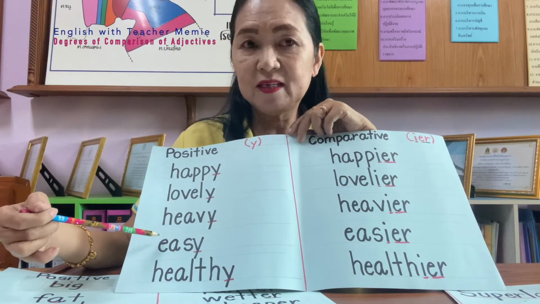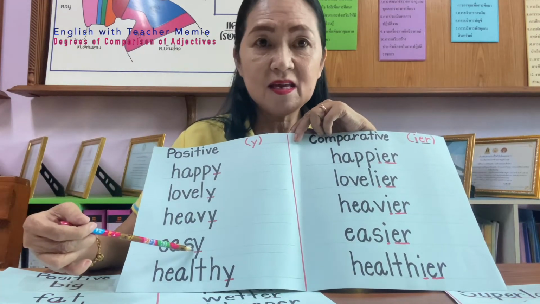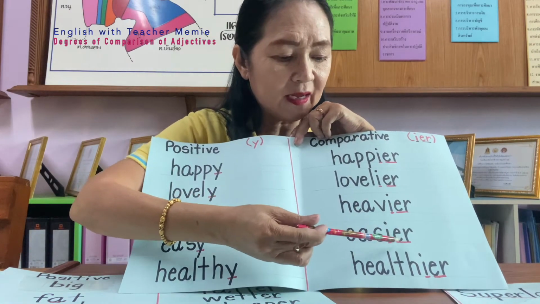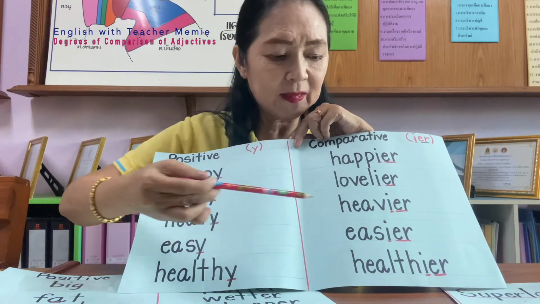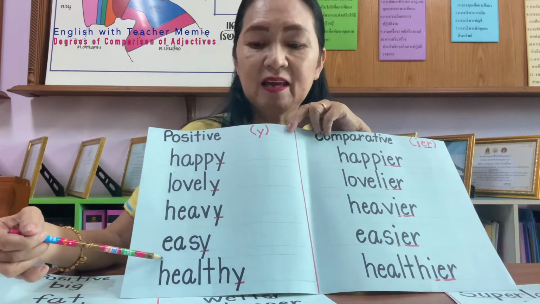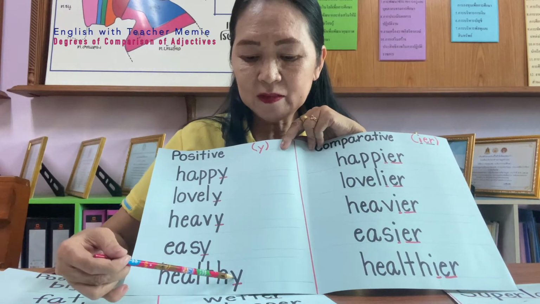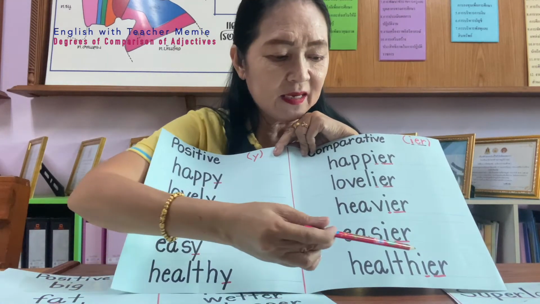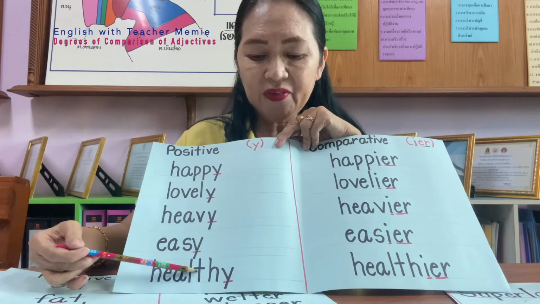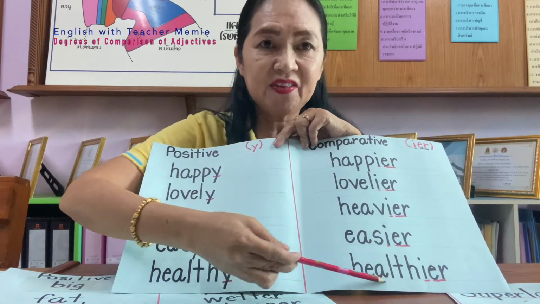Next word, easy. Easy becomes easier. Next, healthy. Y changes to I, then add ER. In positive, healthy. In comparative, healthier.